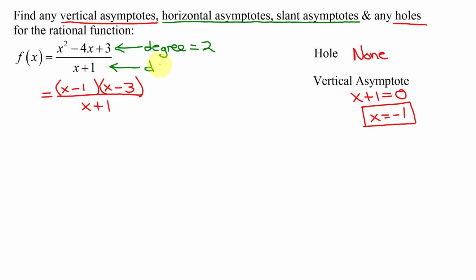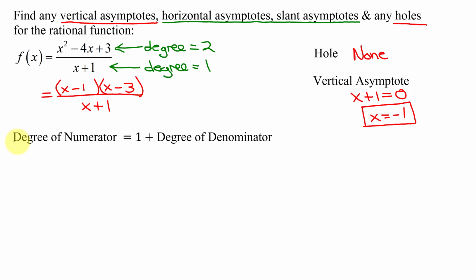And for the denominator, what's the highest exponent on any of my x's? It is a 1. So in this case, the degree of the numerator is 1 more than the degree of the denominator, as 2 is 1 more than 1. So that means I'm going to have a slant asymptote.